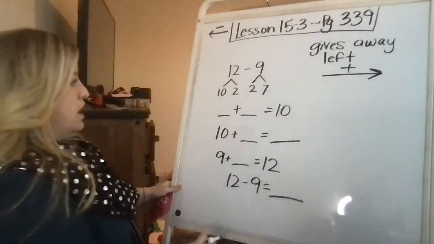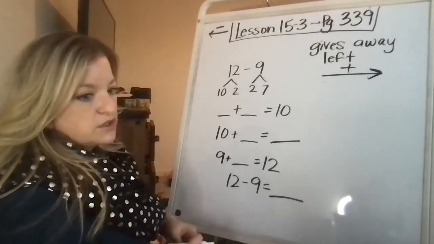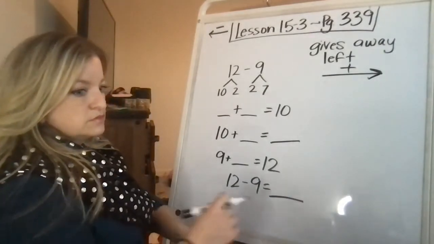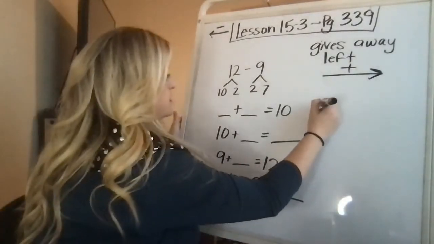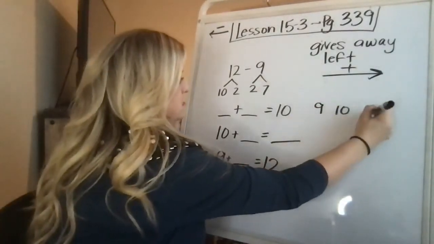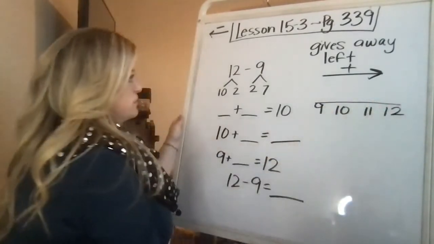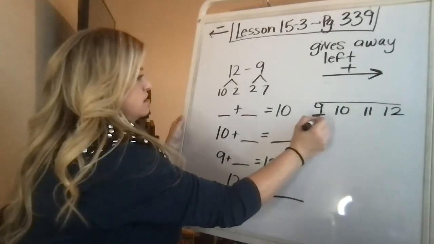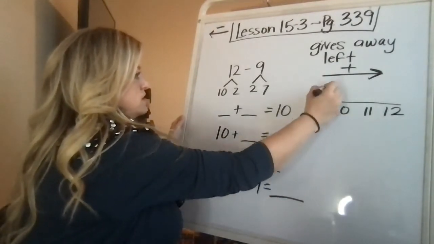All right, so I am going to see how I can get there. So I'm going to draw 9, 10, 11, 12 on my number line. Here's my number line. I'm going to start out at 9, and I'm going to hop to 10. 1 plus 1.